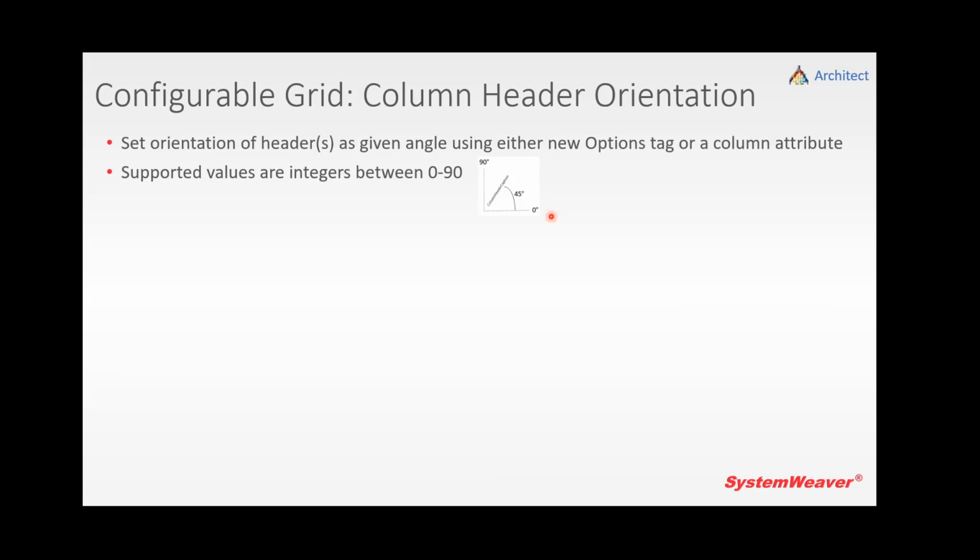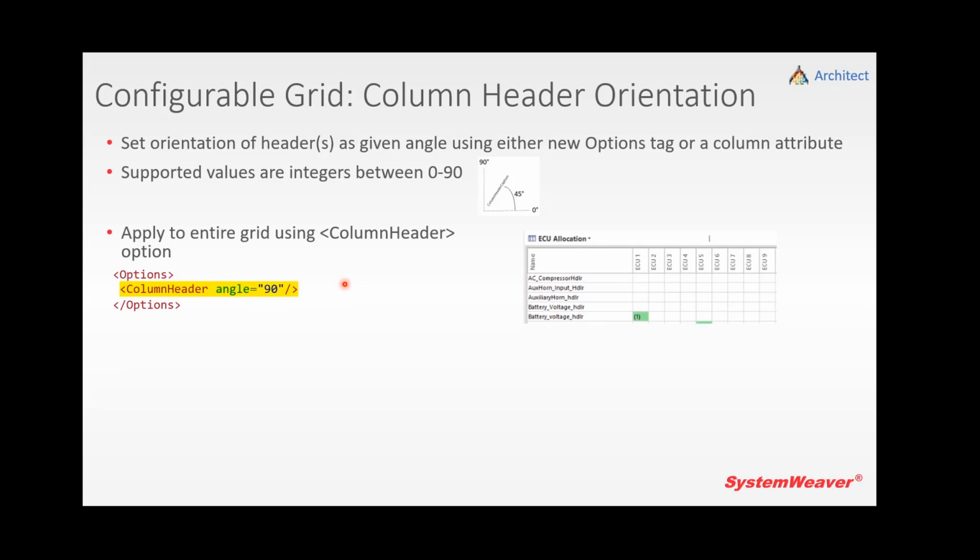You can set the orientation to apply for the entire grid using a new options tag up at the top, or you can set it per column. So if you only have a few columns you want to change the orientation of.